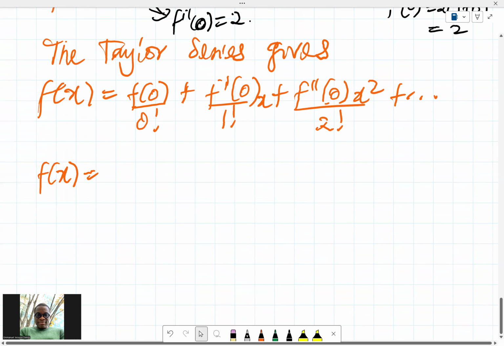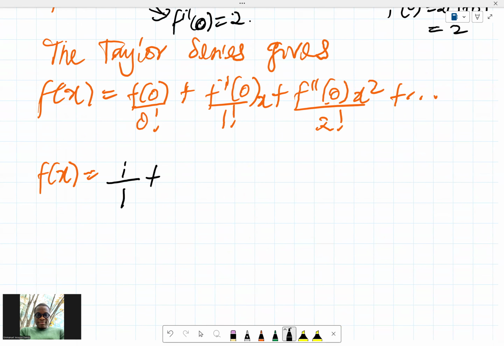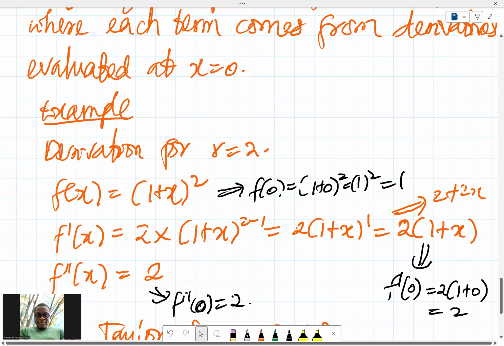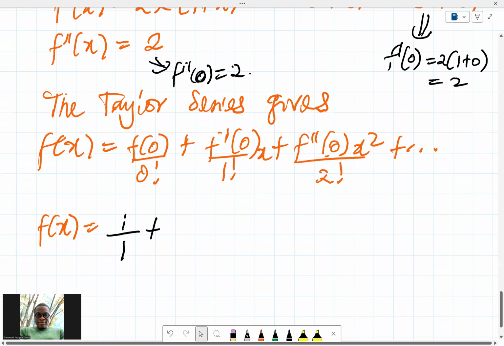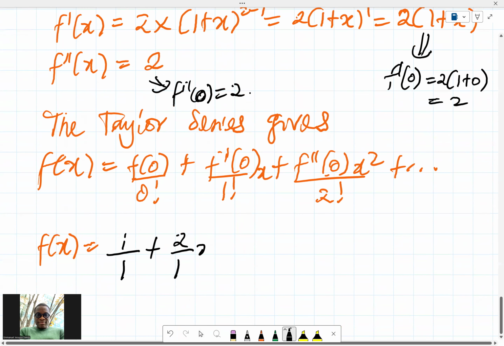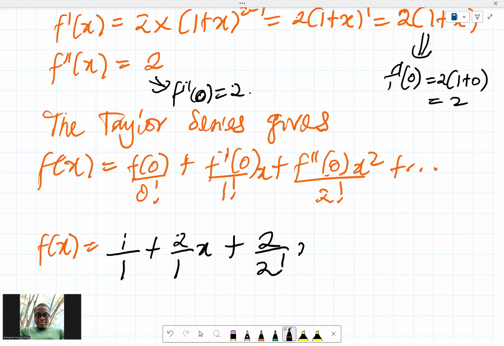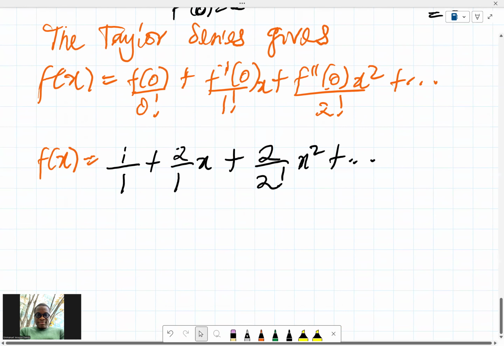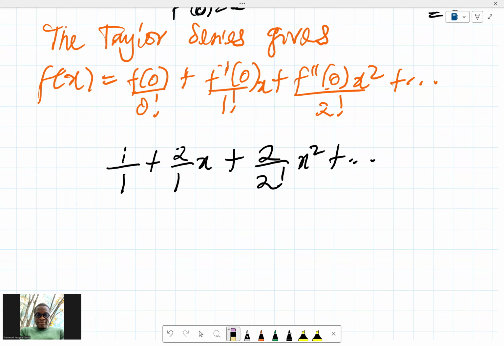So f of 0 is 1, 0 factorial is also 1, plus f prime of 0, that's 2, 1 factorial is 1, then x, plus another 2 over 2 factorial x squared. And all of that continues. So that's f of x, right? That's actually Taylor series in action.